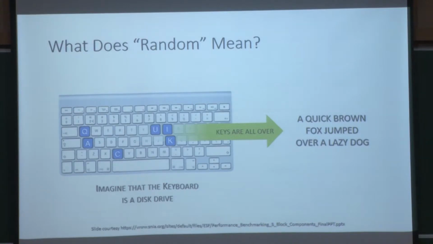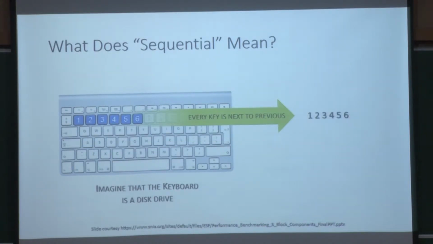In this particular example, if you type this sentence over here and follow your keystrokes on the keypad, it would seem like a random pressing of keys, right? But if I was to talk about sequential workloads, if I was to just start typing in numbers from 1 to 9, then it would be pressing one thing after the other, and that is essentially what a sequential workload is defined as, right?